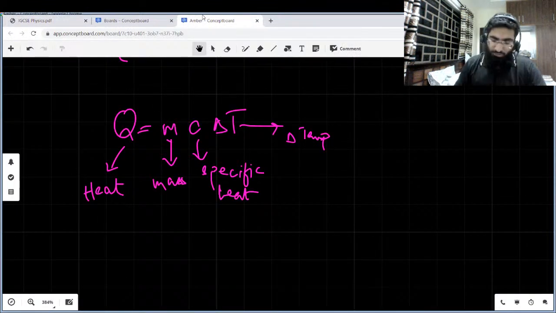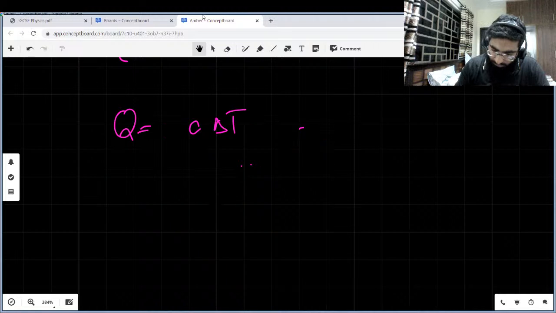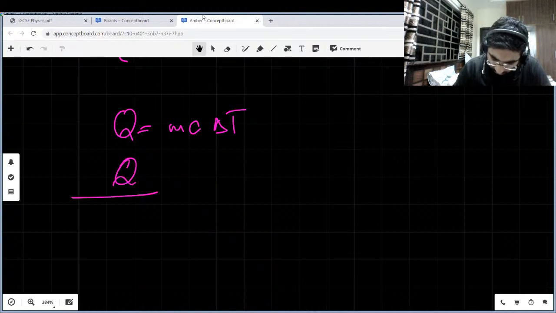In order to calculate specific heat capacity, I'll need to rearrange this equation. I am told Q is equal to mc delta T. So to calculate C, it will become Q divided by m times delta T is equal to C, right?